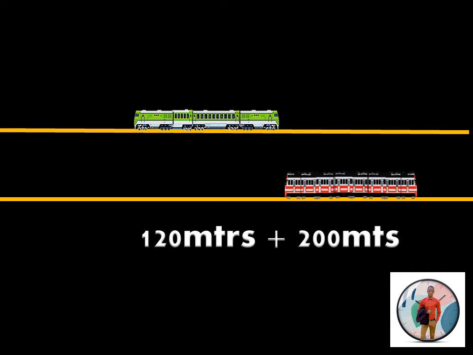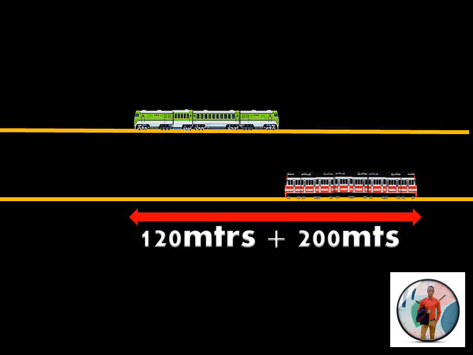If the red train covers 120 meters plus 200 meters, then it will be completely ahead of the green train. So using that distance, we can calculate the time taken for the red train to completely overtake the green train.